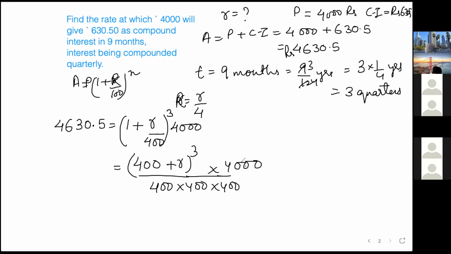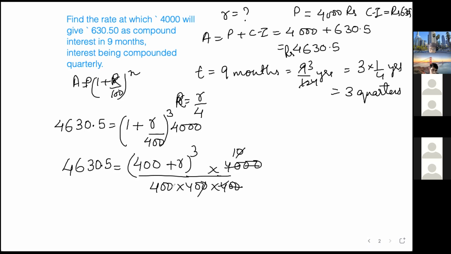Okay, 2 0 से 2 0 cancel, 4 10s are 40, 8 0 से 8 0 cancel, and here you have 4630.5.